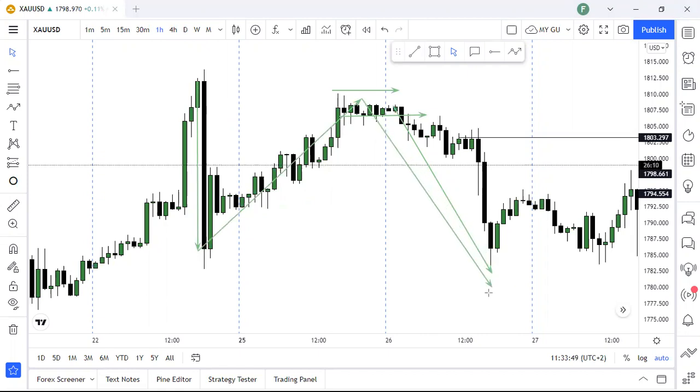If you watched a couple of our gold analyses on how to find high probability setups, we did this analysis. We said price was to go higher, and then we were looking for sales around this area, and that's exactly what price gave us. And our confirmation was an inside bar.